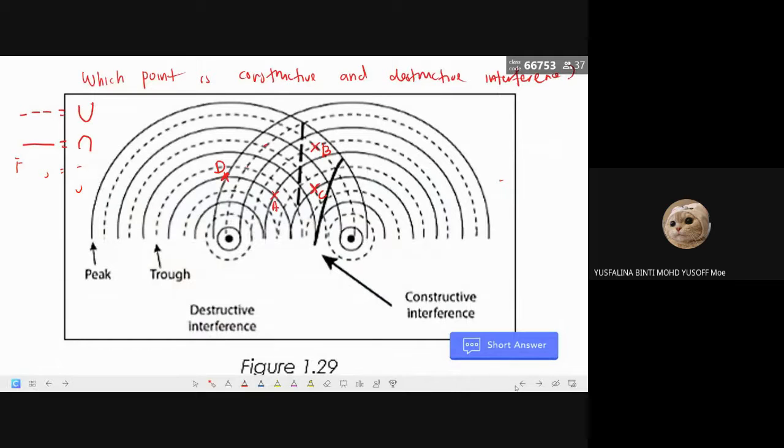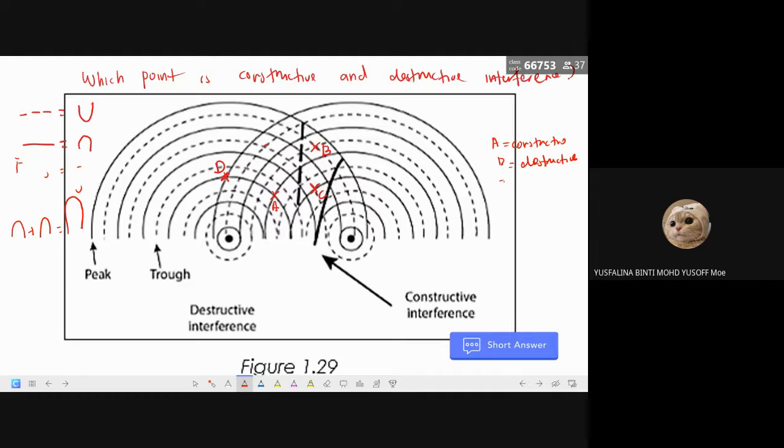Okay, which point is a constructive and destructive interference? Alright, so let's see point A first. Point A is crest meeting with the crest, right? So crest meeting with the crest, it will become constructive interference. Okay, so A is constructive. Let's see B. For B, it is also constructive because trough meets with the trough.